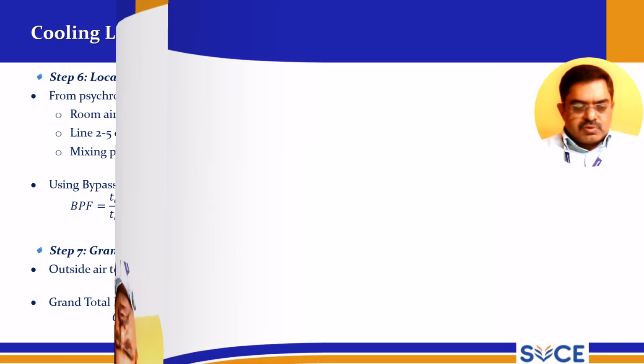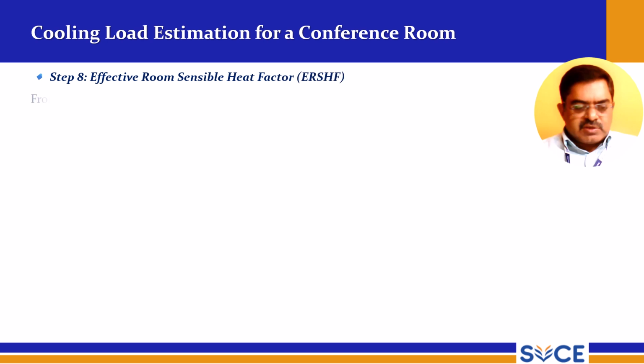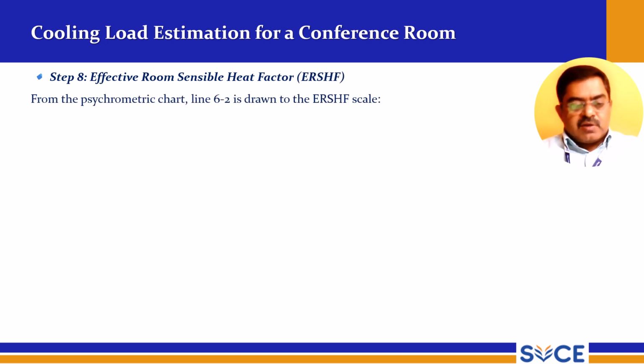To summarize, we have to calculate the effective room sensible heat factor, ERSHF. From the psychrometric chart, line 6 to 2 is drawn to the ERSHF scale, so that is 0.77.